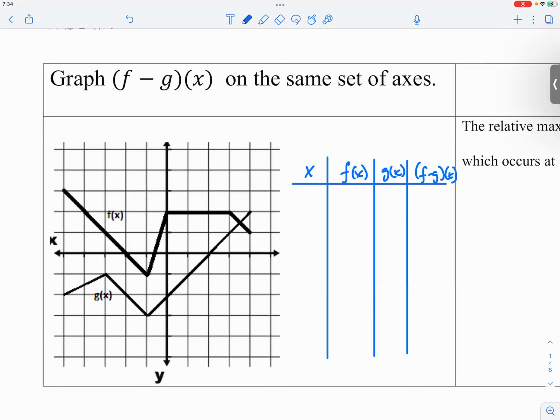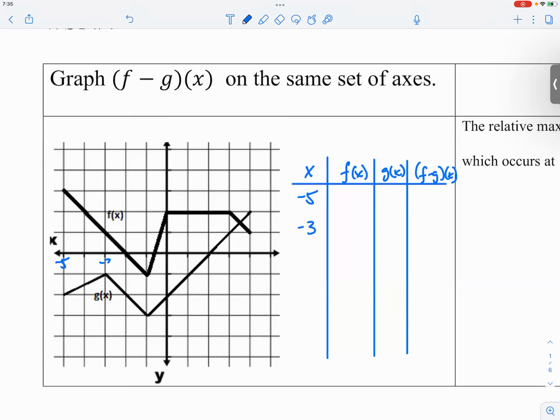We are going to put in some notable ones. And what do I mean by notable? Now, since these are all straight lines, we could do one thing that makes our life easier. We'll just say, all right, just go ahead and get all the x values where either graph would show you a change of direction.